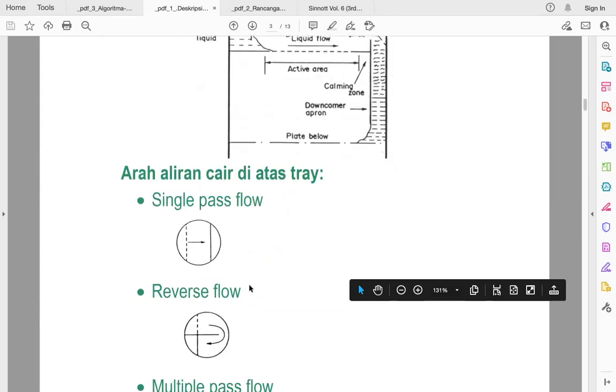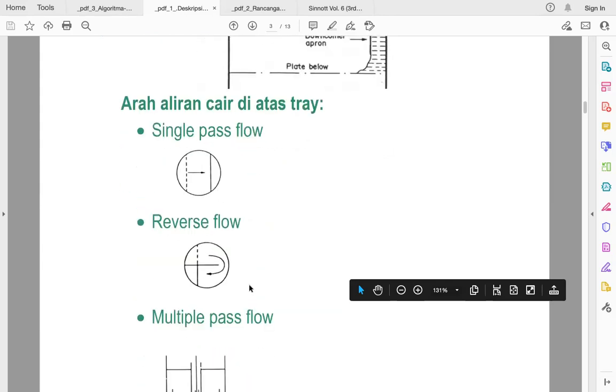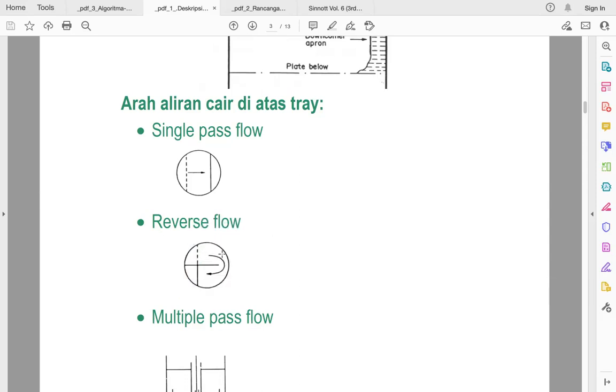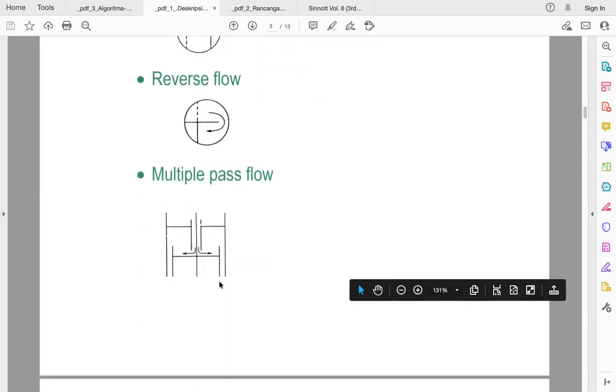Okay, the second one is called the reverse flow, where the plate has a border, pembatas, and then the liquid goes that way, travels, and then is put back there. Of course it's going to change a lot about the design. The third one is the multipath flow.